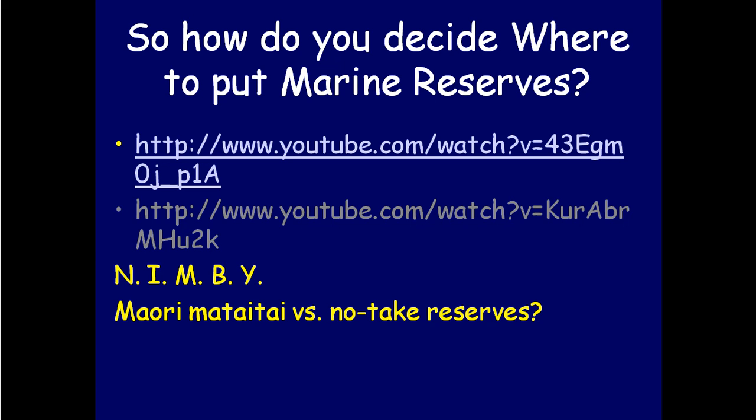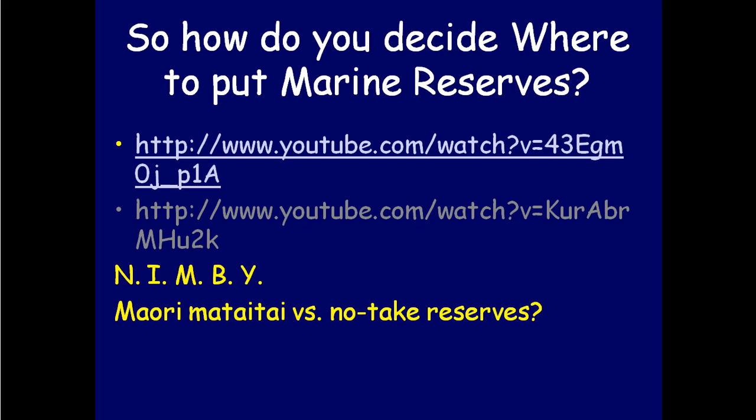So if we have a mataitai, then what that can do is set up an area where local bylaws can be made, and you can have area-specific management, which can be done much more effectively at a much more local level than across the whole of the quota management area.